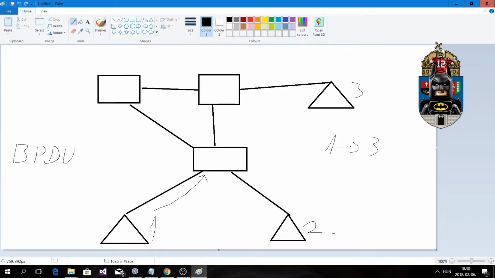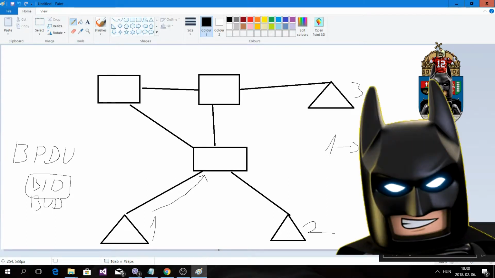So they are sending this traffic because they have, if I remember well, a BID, or maybe BOD, I don't know. I believe it's BID. So they are sending these BID traffic.